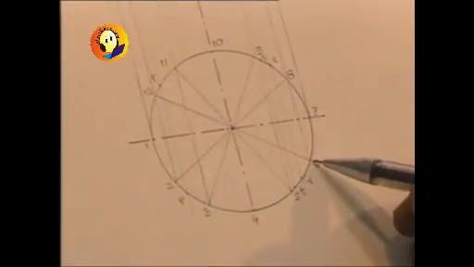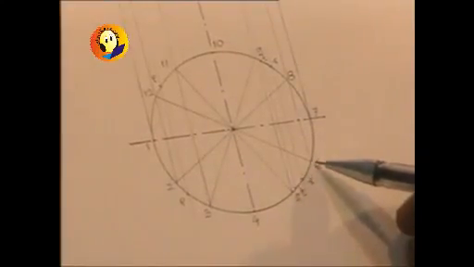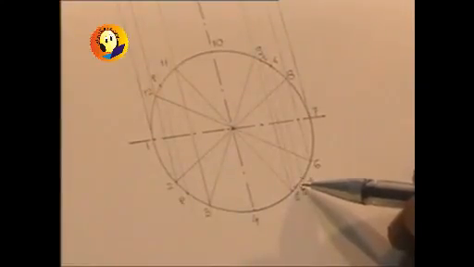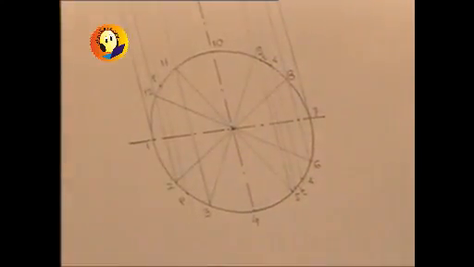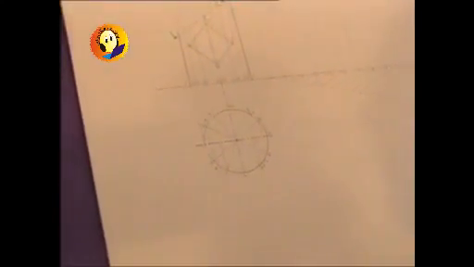Similarly, measure or take the distance in the compass 6T and mark it from 6 towards 5 to get the generator T on the development. So this job is now to be completed, so that all the generators will be present on the development.